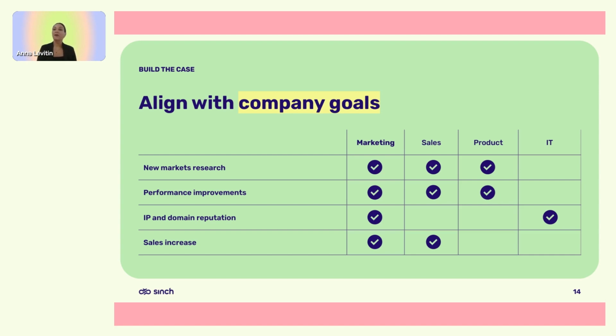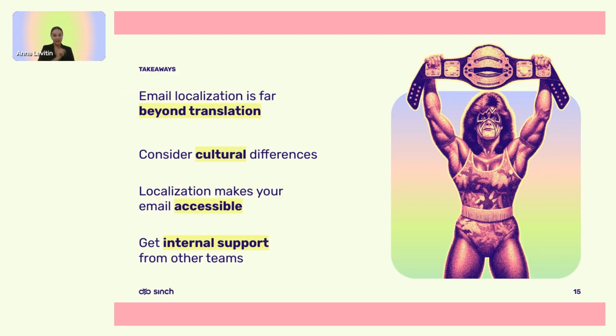So moving forward to the takeaways. The number one thing is that email localization is far beyond translation, right? When we want to have a poor experience, we just translate the email. But when we want to have a really fulfilling customer experience, we need to localize it by considering cultural differences.